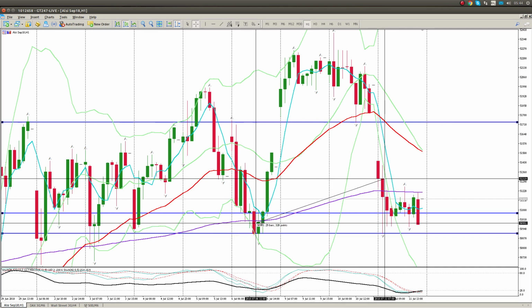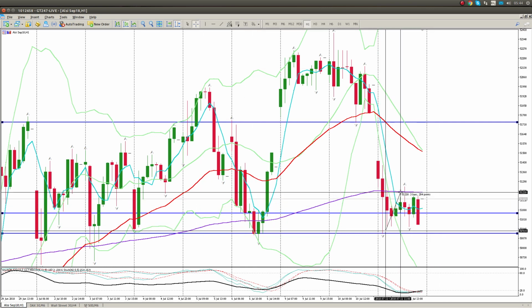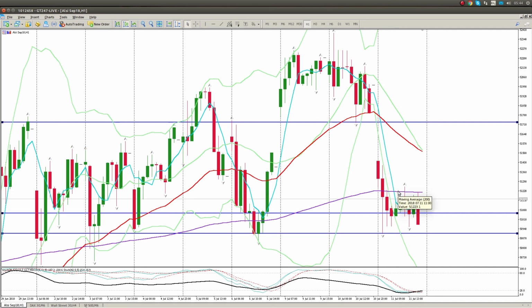So call it a 300-point short that was available, and then you had a 200-odd point long, at which point you could have probably taken a short again here for a move down. But anyway, it was a tight day in comparison to the other days.